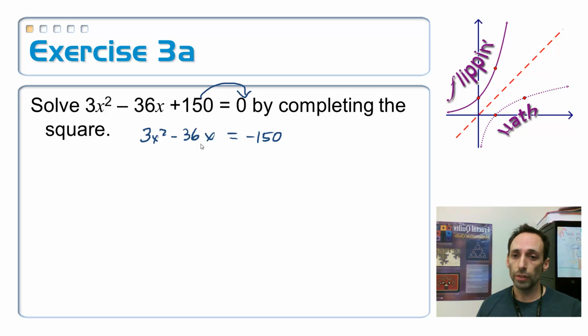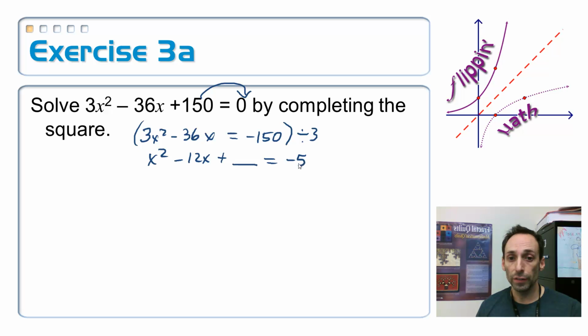But take a look at every single one of your terms. Every single one's divisible by 3, so let's divide them all by 3. And I get x squared minus 12x plus blank equals, let's see, negative 50 plus blank. The blanks are there just as a reminder that I'm going to add something to one side to complete the square. Whatever I get, I'm going to add it to the other side.